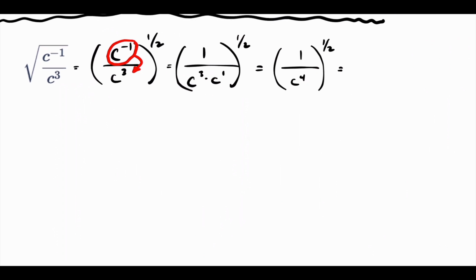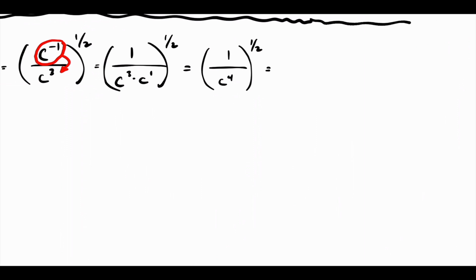Give the bottom a power. Same power. So I got 1 to the 1/2 over c to the 4th to the 1/2. One to any power is just 1.